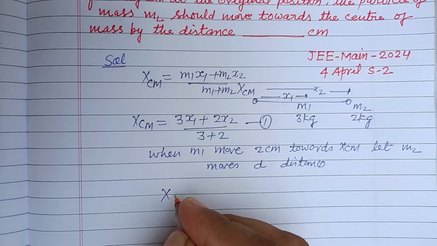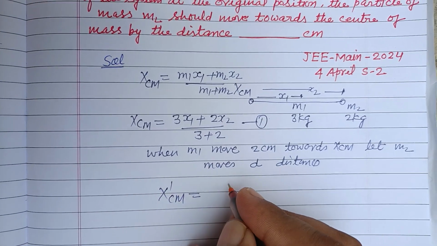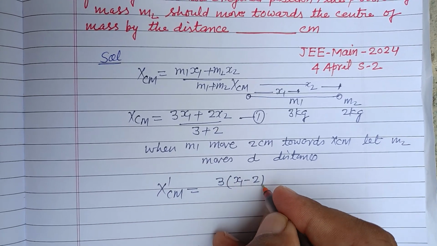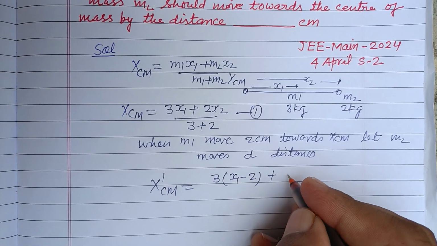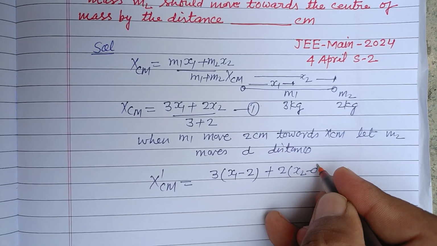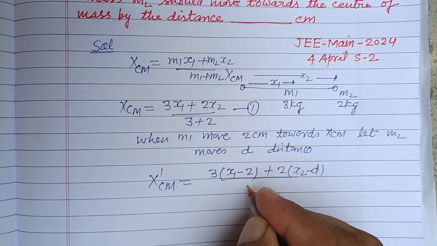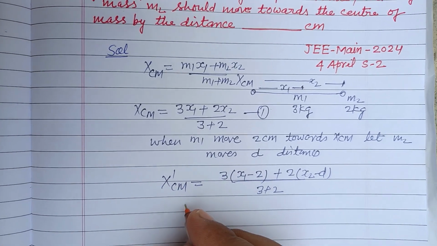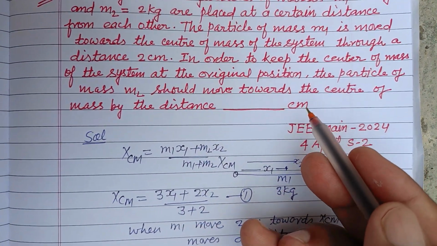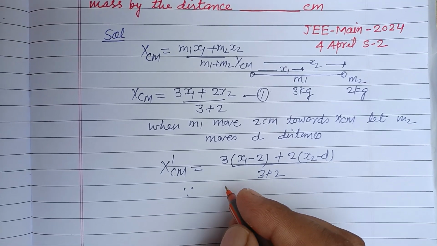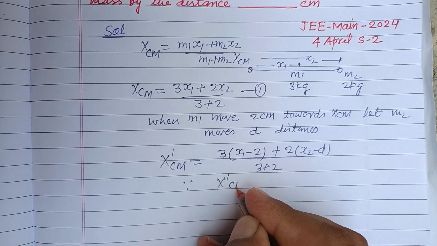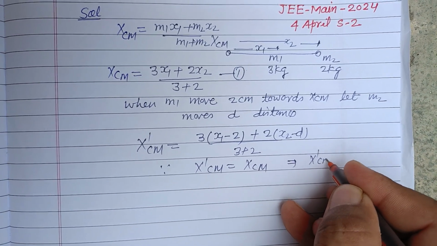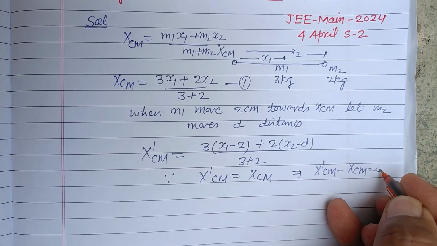So taking x dash cm equal to 3 into x1 minus 2 plus 2 into x2 minus d over 3 plus 2. Since the center of mass is not displaced, it is constant at its place, so x dash cm equals xcm, or x dash cm minus xcm equals 0.